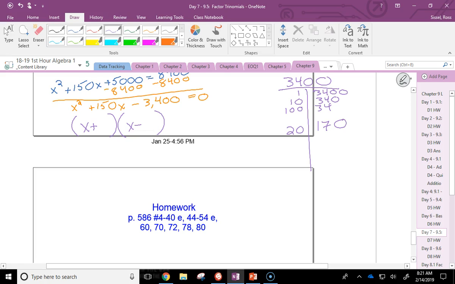Okay, this was a negative number, so we have a positive and a negative, and we have to equal positive 150. Which one is going to be x plus? 170.